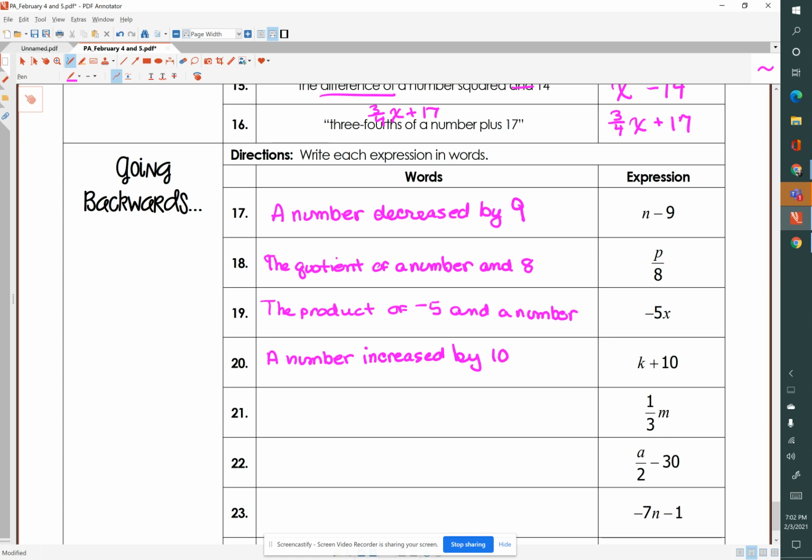And remember, your answers, your solutions could vary slightly. Wherever we say a number, we've been using x, but these examples use n, p, x, k, m, and a, and all those are fine. It's still a number, a variable that represents a number. So number 21, 1/3 m is 1/3 of a number.